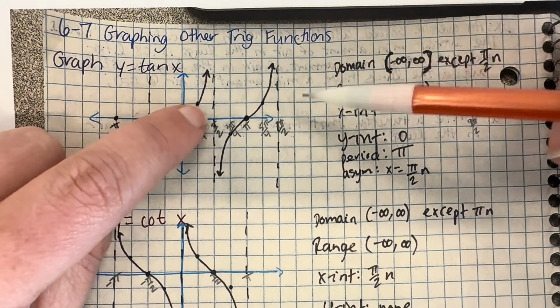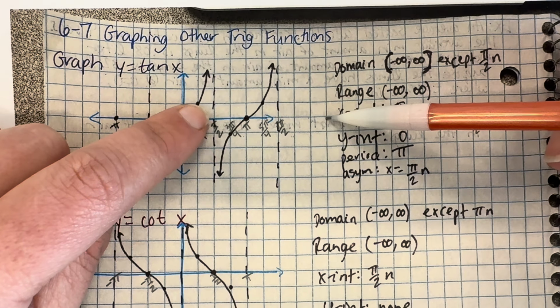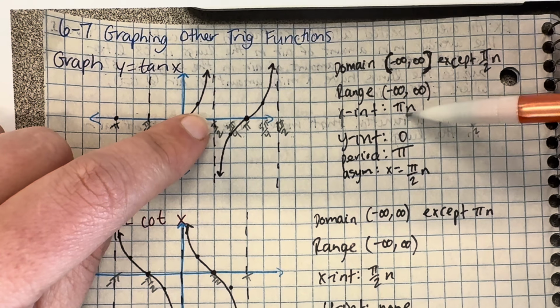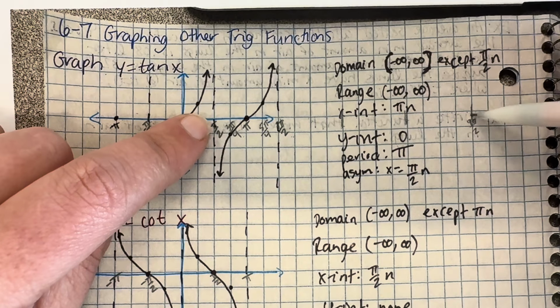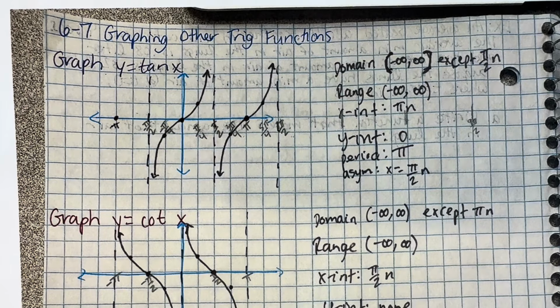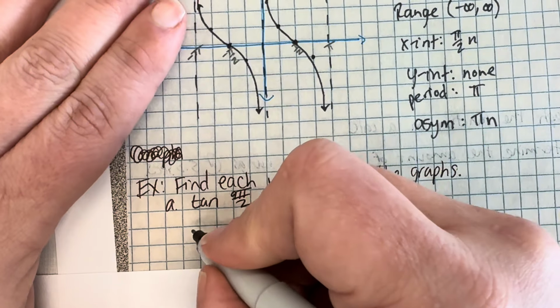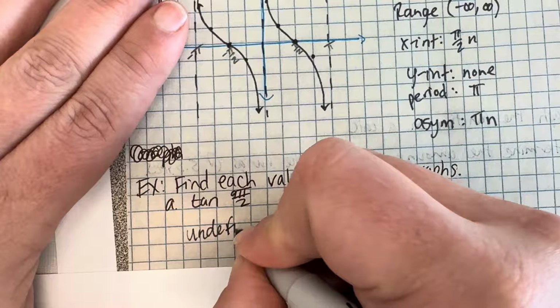Okay, and then I've got to think there's 3 spaces. 1, 2, 3, asymptote. 1, 2, 3, asymptote. So let's see, our value of 9 pi over 2 ended up on an asymptote, so that means we are at undefined.